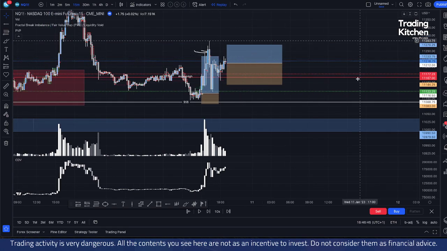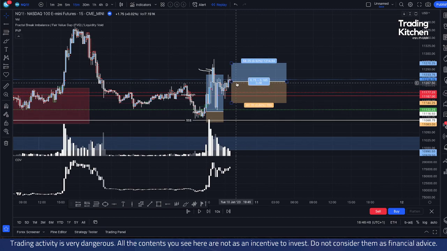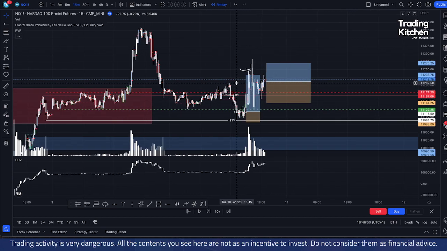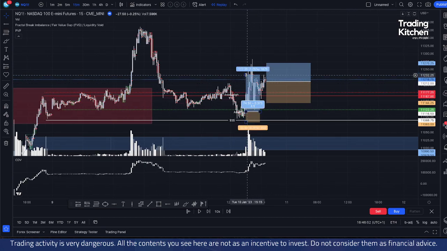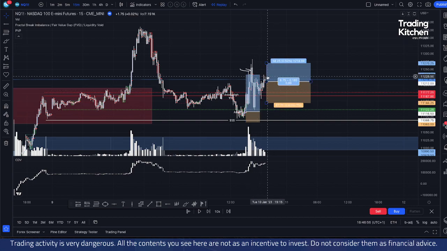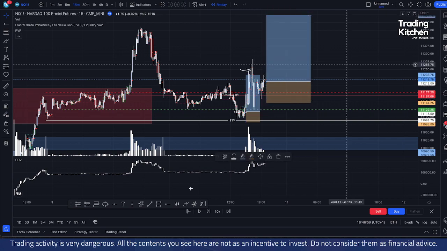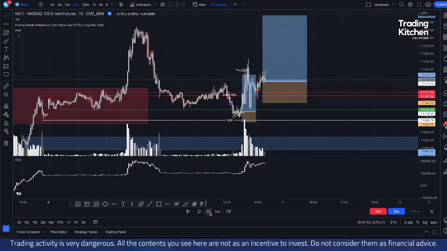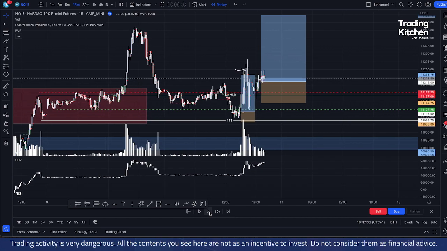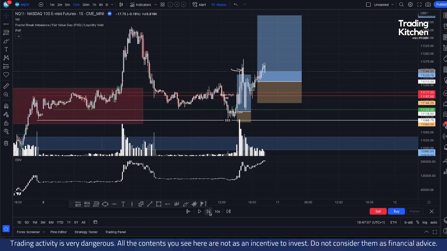I don't take such a trade like this. Probably I will leave the first trade because this is very aggressive, but this could be good as well, okay, because the trend is clearly bullish, so it's something that probably we can do.